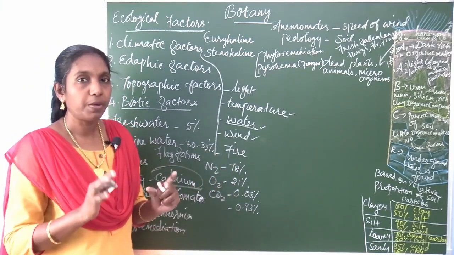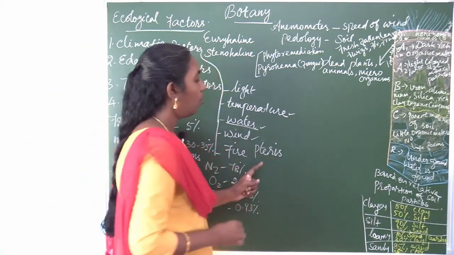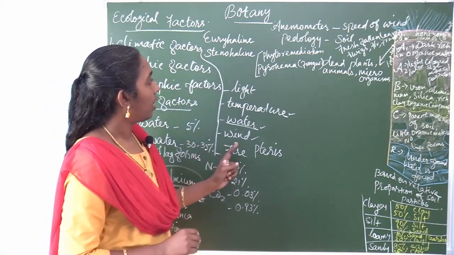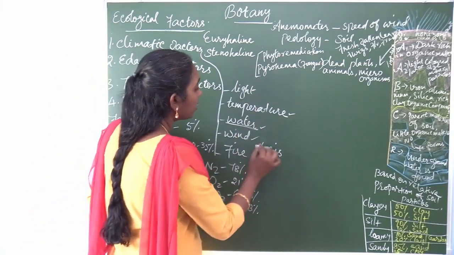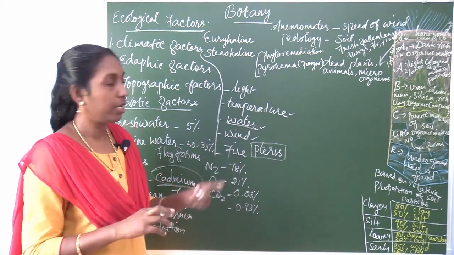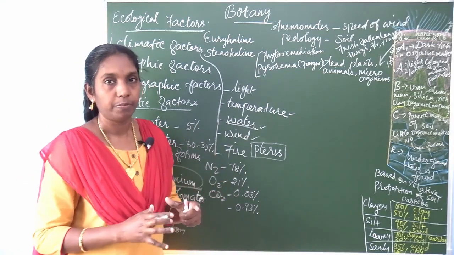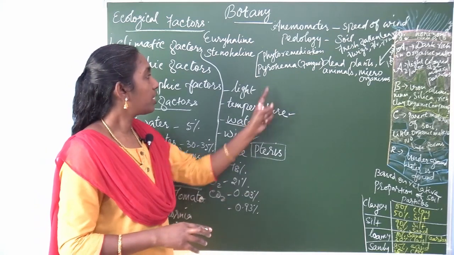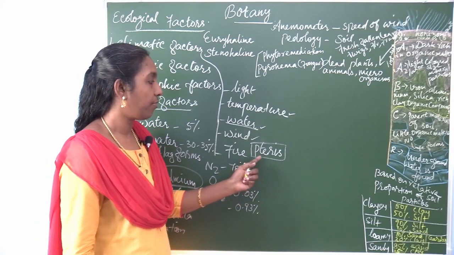There are some species like Pteris, a pteridophyte fern, and another example, Pyronema, which is a fungus. Pteris and Pyronema are indicators of fire because these plants grow in burnt areas. This is a very important 2 mark question: what are the indicators of fires?